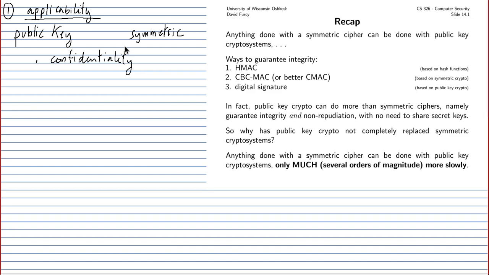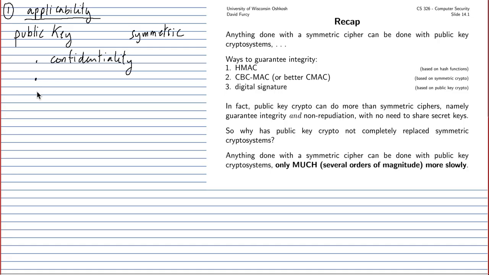So on this side, we discussed different ciphers, DES and AES and RC4. And on this side of the ledger, we discussed, say, the RSA algorithm. So in terms of confidentiality, these two approaches seem about as applicable.